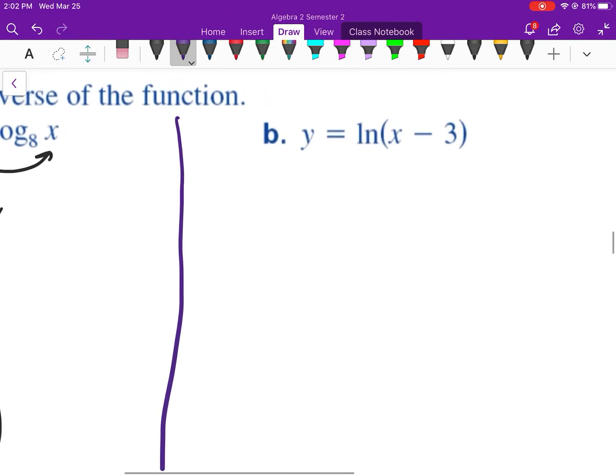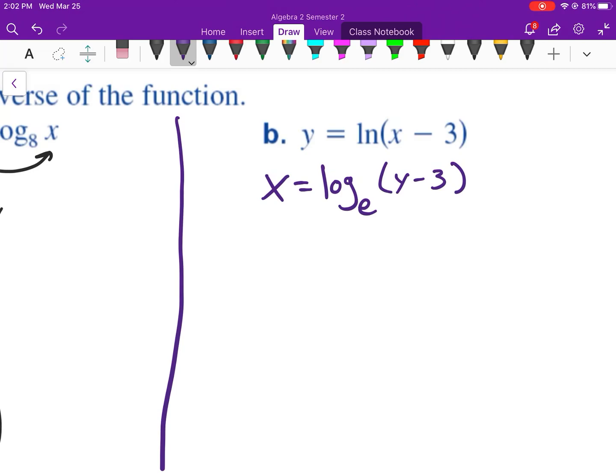Moving to the next one. One thing that will be easier for a lot of you is rewriting ln, or natural log, as log base e. We'll do that as we are flip-flopping x and y. So x is equal to log base e of (y minus 3). Now, the minus 3, since that is in parentheses, is part of our argument.